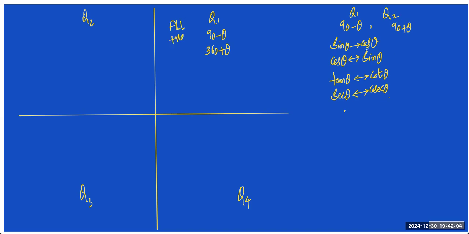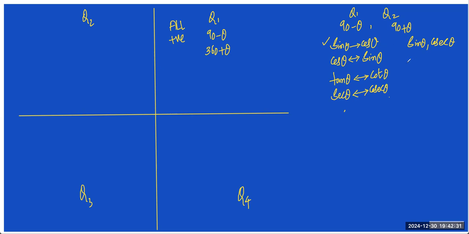Means sine of 90 minus theta, cos of 90 minus theta, sin theta only. But if you are moving to the second quadrant, only sine is positive. Sin theta will be positive, and its reciprocal, that is cosecant theta, will be positive. Means if you find 90 minus theta, the answer will be cos theta, and cos of 90 minus theta will not be plus sin theta.